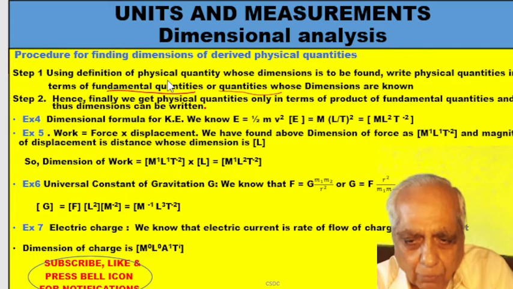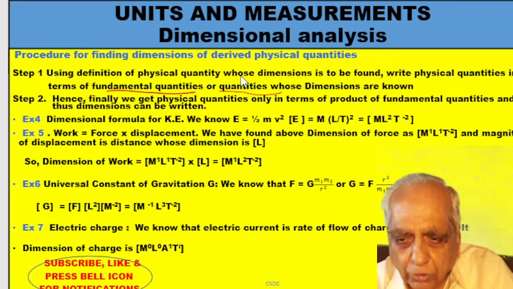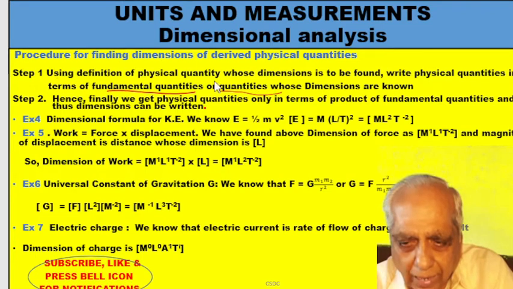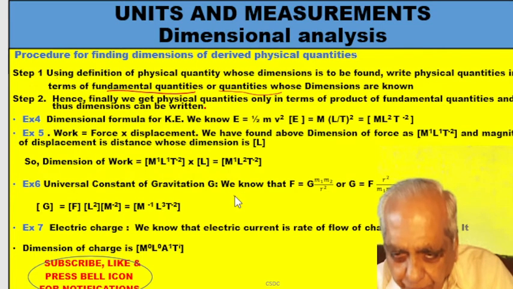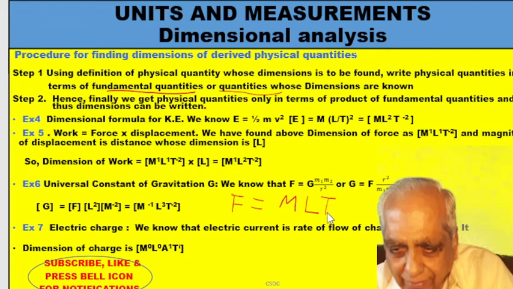Suppose I know the dimension of acceleration, then I can say force is equal to mass into acceleration. So dimensions of force are mass into acceleration. Acceleration I know, L t raised to minus 2. So mass into acceleration.